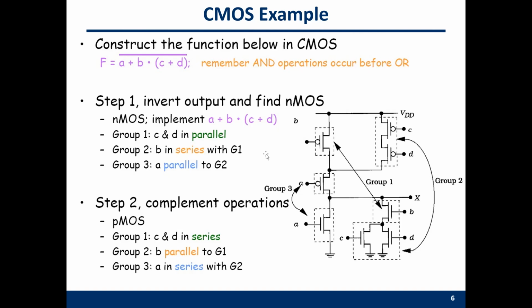Because for the PMOS, we have a little circle, so it indicates not. So in order to implement this C bar and E bar, this component, and then this is all.